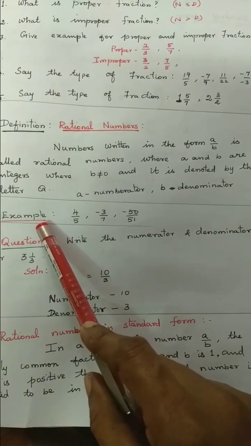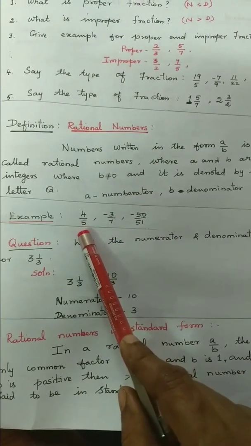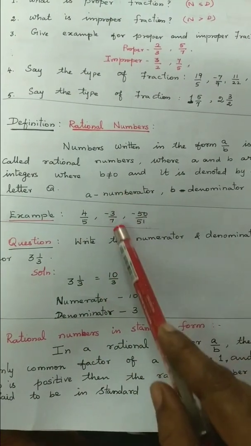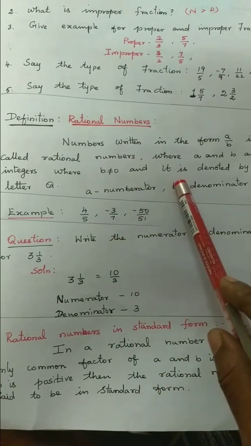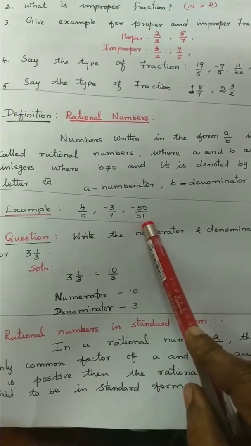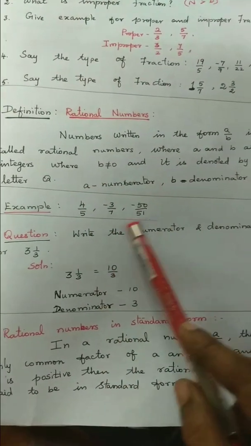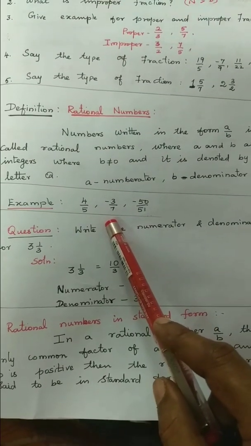Example: 4 by 5. Okay. Minus 3 by 7. Minus 50 by 51. These are the examples for rational numbers.